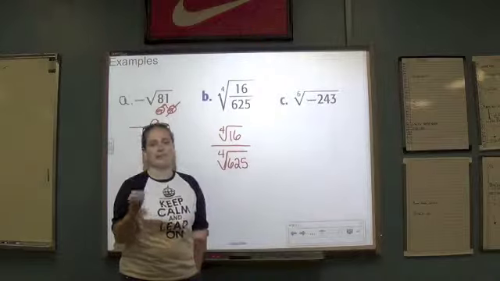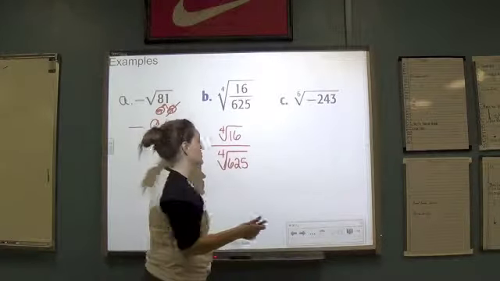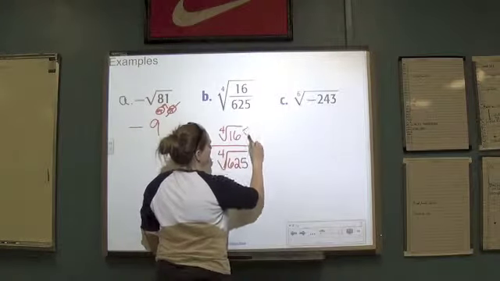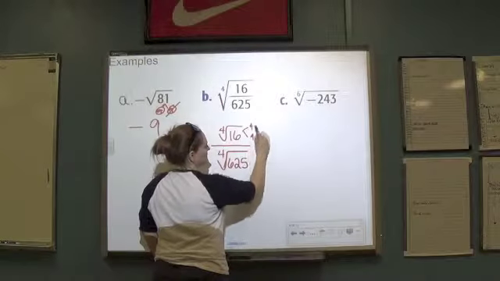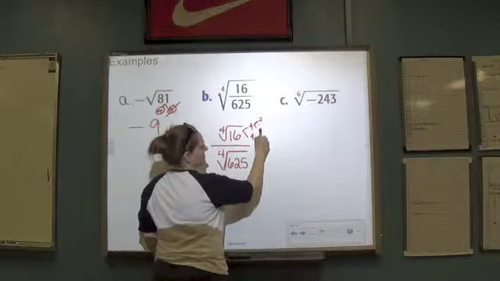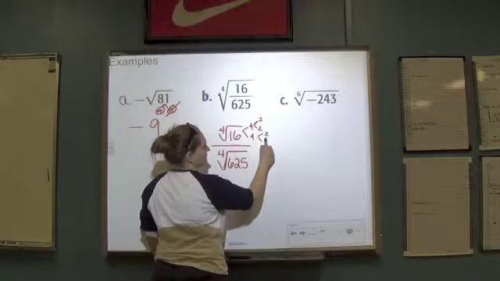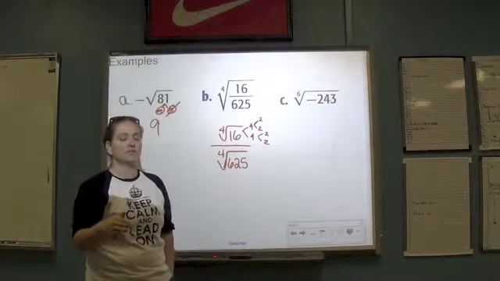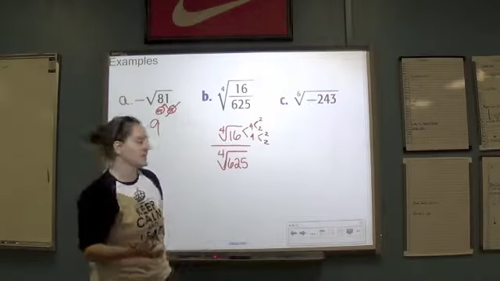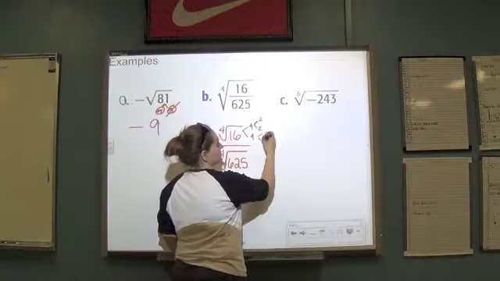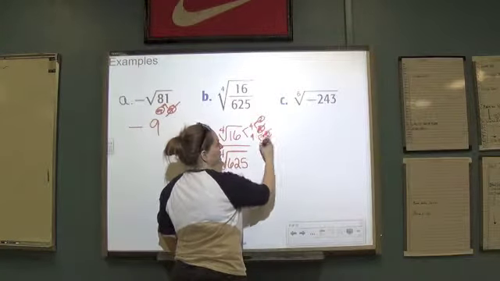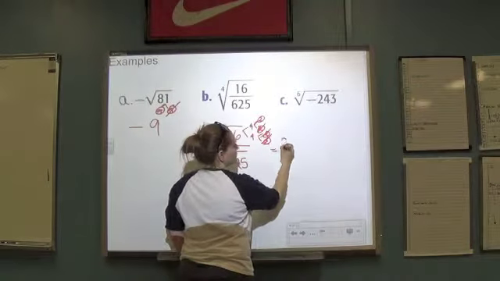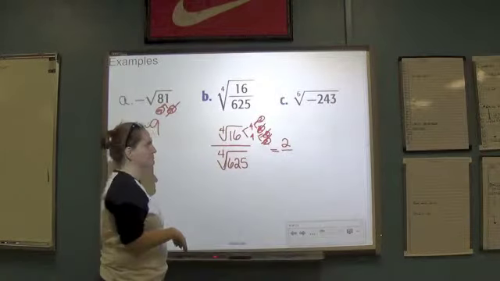Now the 4th root means I need four factors of the same number, so that breaks down to 4 and 4, right? And the 4 breaks down to 2 and 2. So I have 1, 2, 3, 4. I have four 2's, and it's a 4th root, so I need four factors of the same number. So circle, circle, circle, circle, kill, kill, kill. So the numerator is 2.